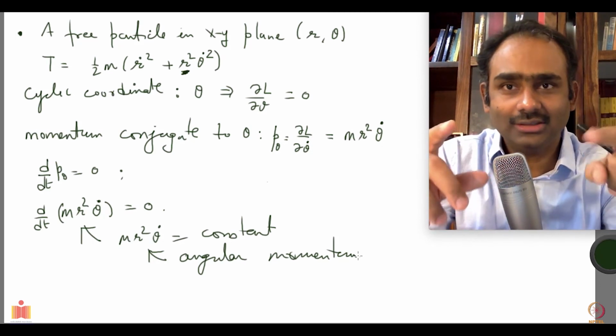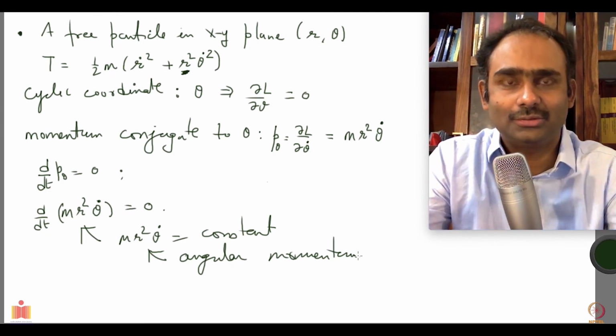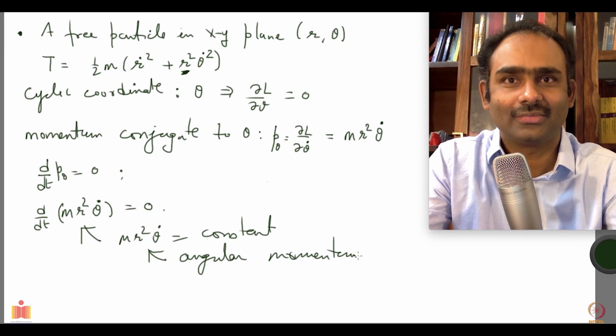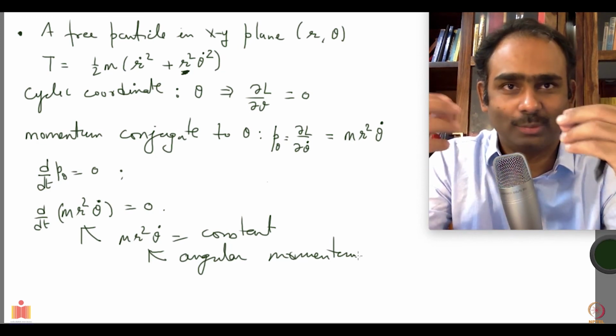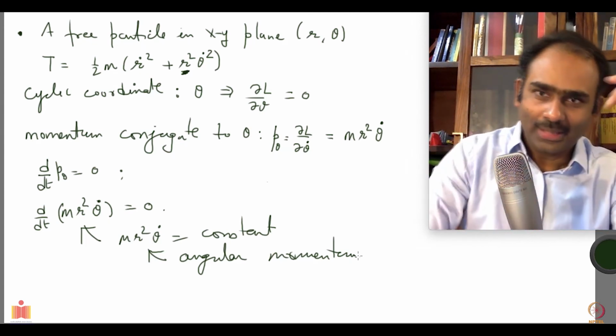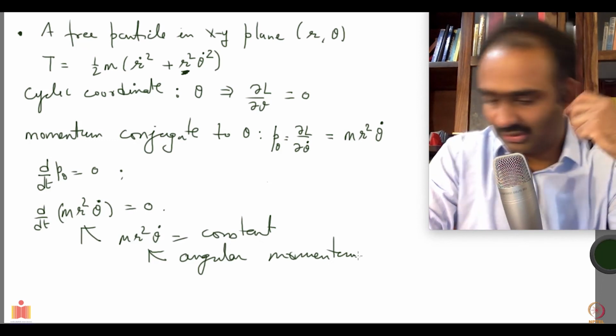Once you have found it, you already know that whatever is happening to the system, whichever way things are moving around, there has to be a corresponding conjugate momentum that will be conserved. Okay, and that's a nice thing to know.